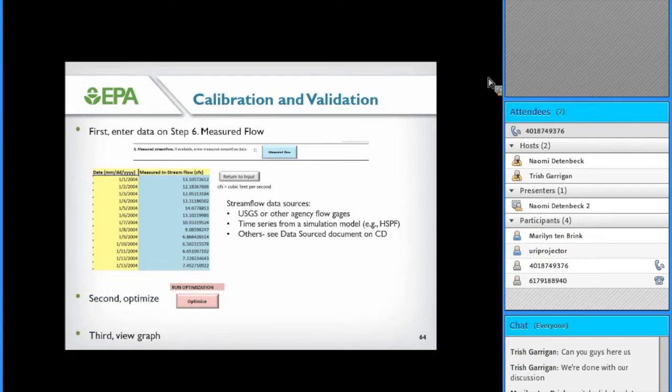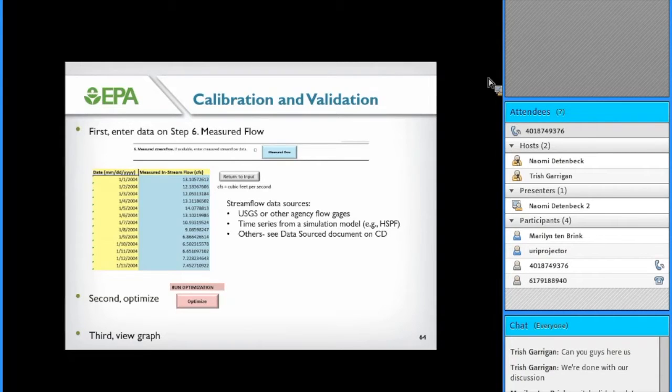So how do we do this? The first step, there were 6 steps in setting up WMOST. The 5th one was the flood module, which we saw was not a mandatory step. Similarly, step 6 is to input measured flow. It's not mandatory to run a simulation model, but it is needed to calibrate and verify that the model produces results that are reasonable.